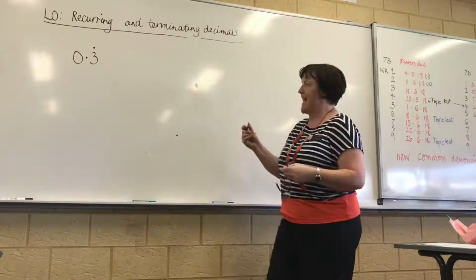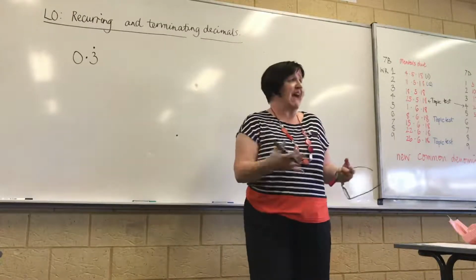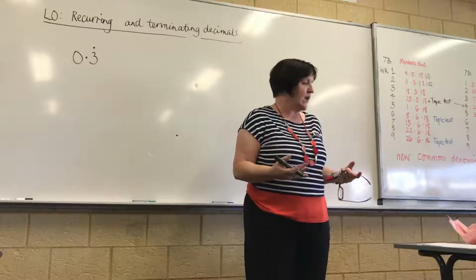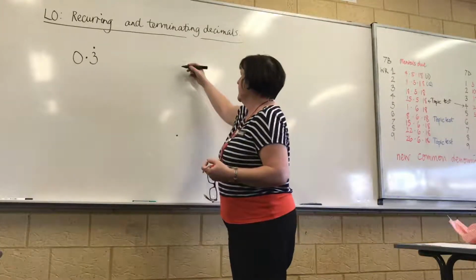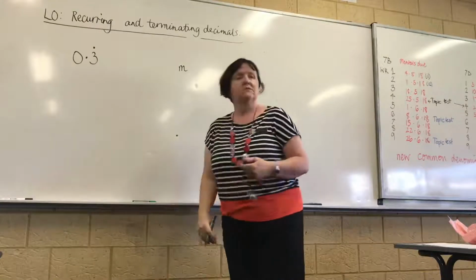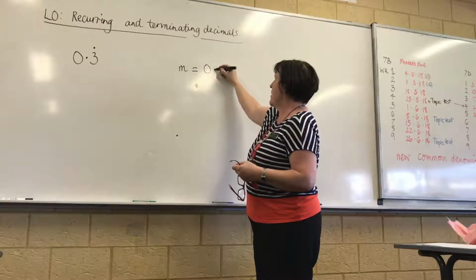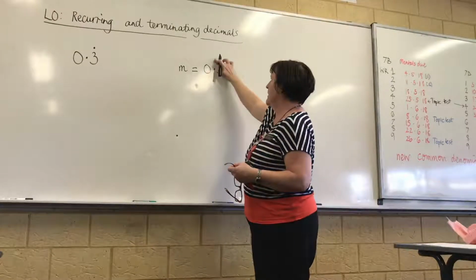So you use x or t or m, any pronumeral that you want to. I'm going to say m. And so m is going to equal 0.3 recurring.